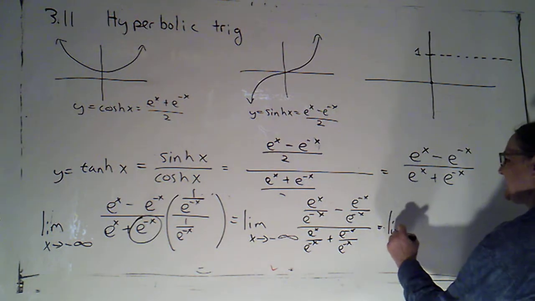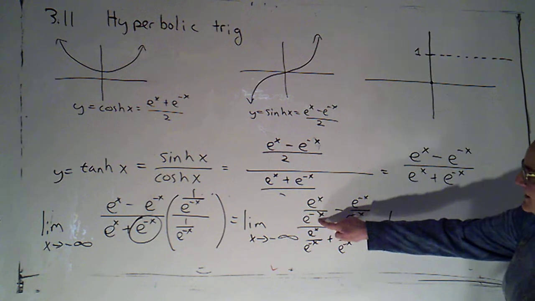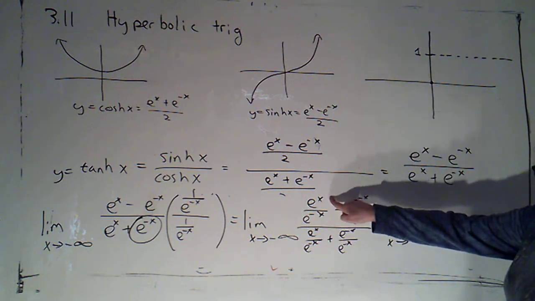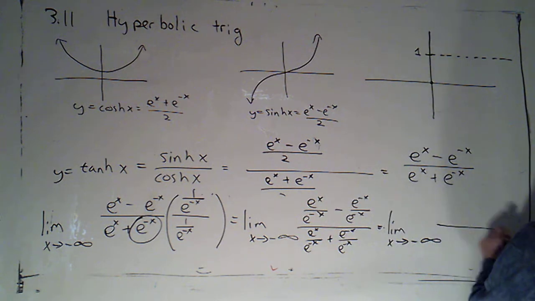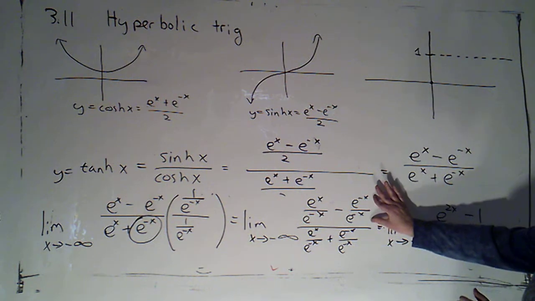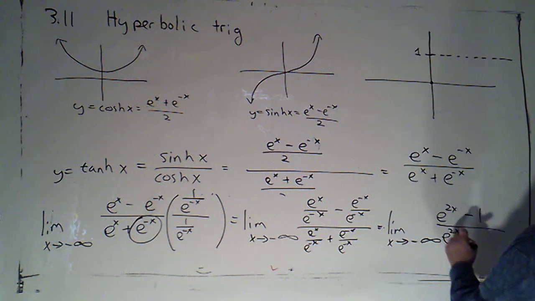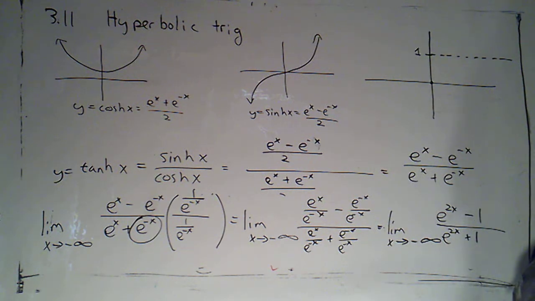Okay, let's simplify. This is the limit as x goes to negative infinity. That's just going to put another e to the x on top. So this first term becomes e to the 2x minus 1. Same thing here. This just becomes e to the 2x plus 1.